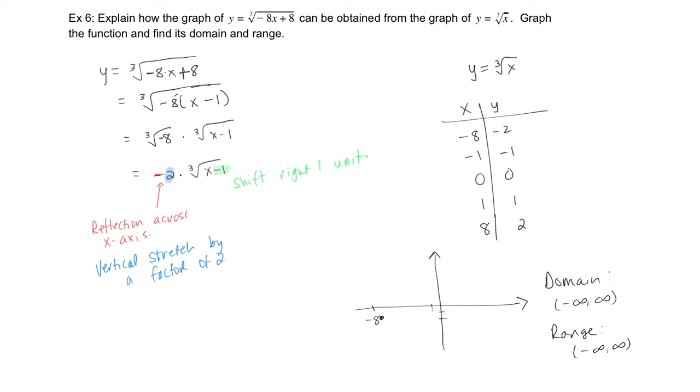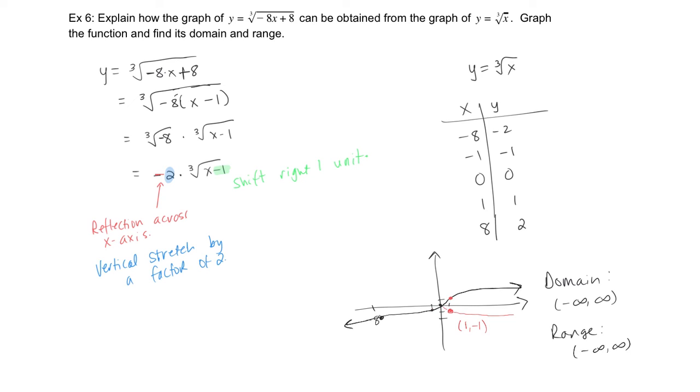Okay, so my domain and range are all reals, but here if x is -8, my y would be -2. And at -1, I'm here, and at 0. So it's just not a very steep curve. Okay, so what my curve is now going to do is reflect across the x-axis, so I'm going to be here. So this point that was at 1, 1 is now going to be at 1, -1.